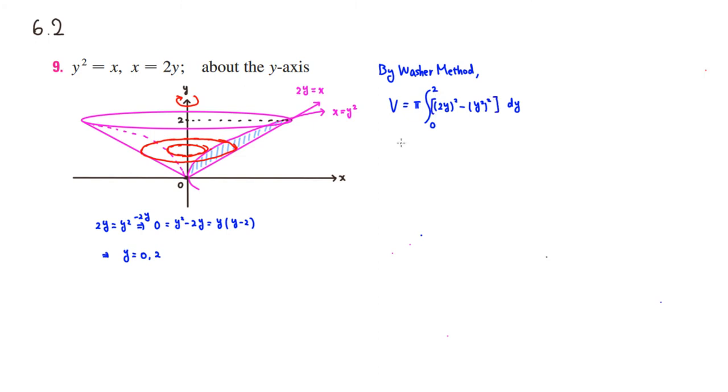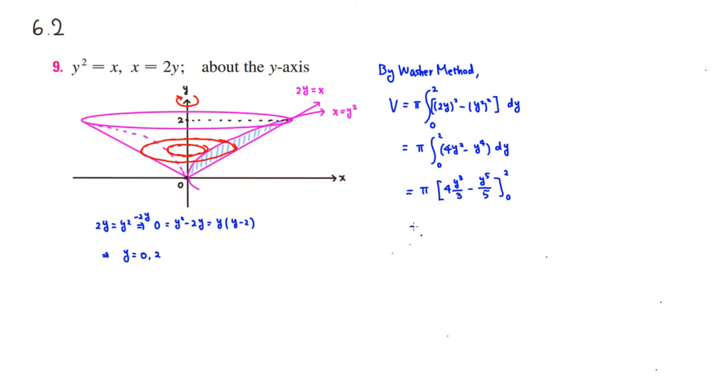If we clean this up, you have pi integral from 0 to 2 of 4y squared minus y to the 4th dy. Now find the antiderivative. The 4 stays, add 1 to the power and divide by that power, minus, add 1 to the power, 5, divide by that power, going from 0 to 2.